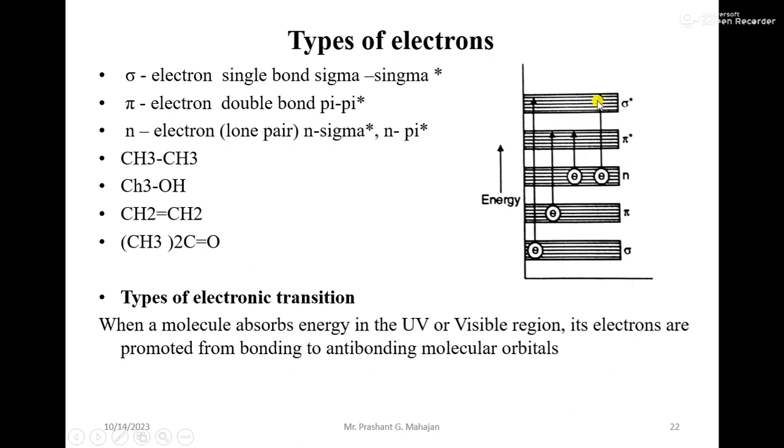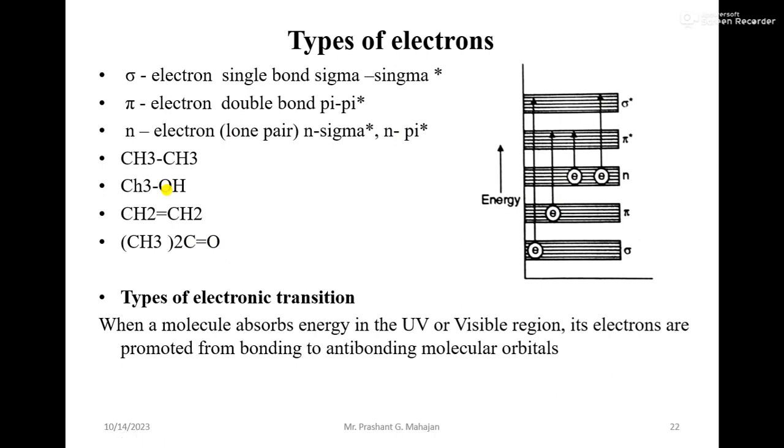And last is n to sigma star, that is single bonded compound with lone pair of electrons on heteroatom. Example: this is first sigma to sigma star, that is single bond. This is second pi to pi star, that is double bonded compound. Third is n to pi star, that is double bond with the lone pair on the heteroatom. And last is n to sigma star, that is single bond with lone pair on the heteroatom.